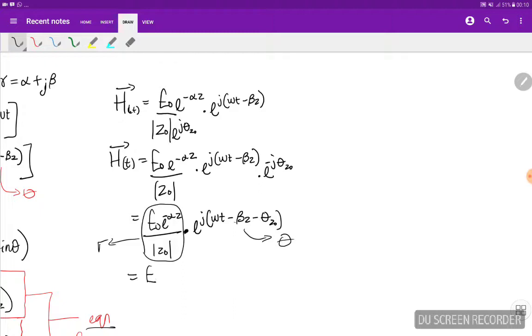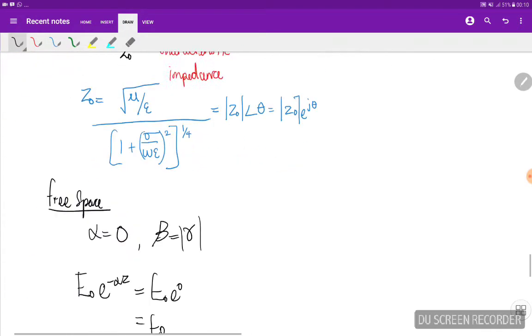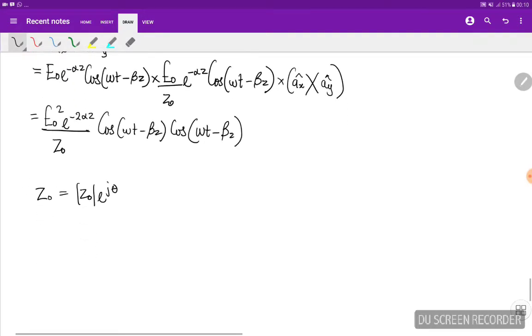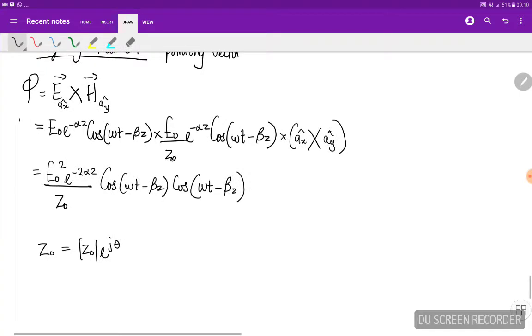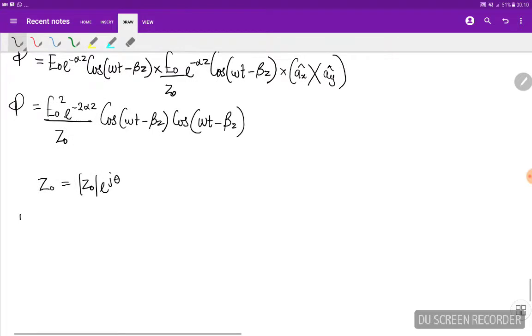So that means H(t) is going to be E naught e raised to the power minus alpha z over z naught, cos(wt minus bz minus theta z naught). So I can replace it down there in our Poynting vector.